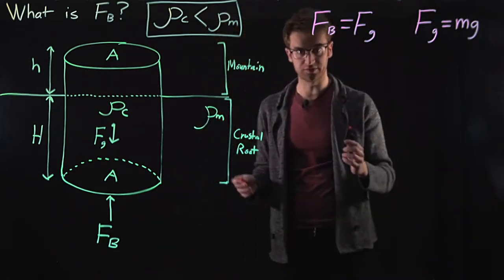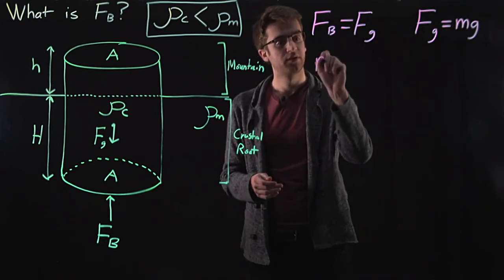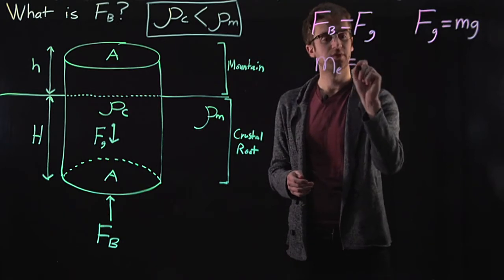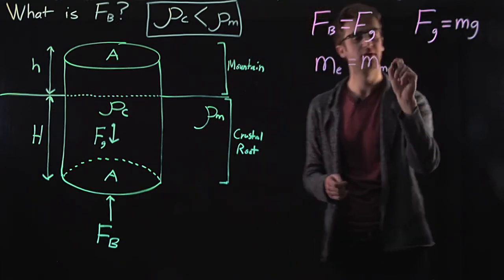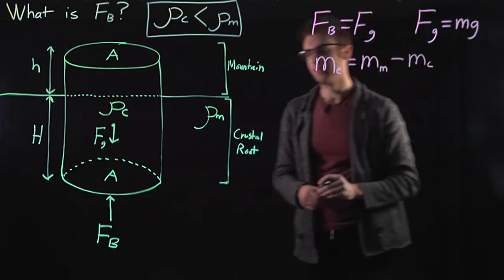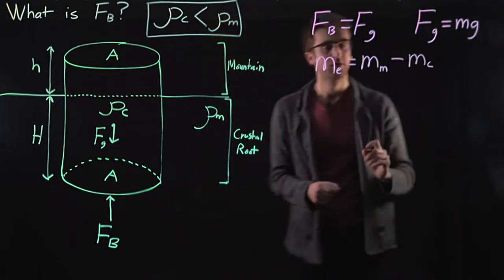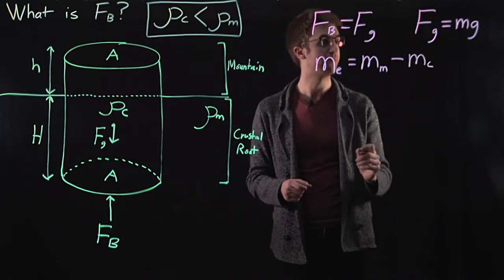We'll call this the effective mass. So the effective mass, m e, is the difference between the mass of the mantle displaced and the mass of the crustal rock that is currently filling in this displacement. The mass of the mantle and the mass of the crust are something that we can calculate.